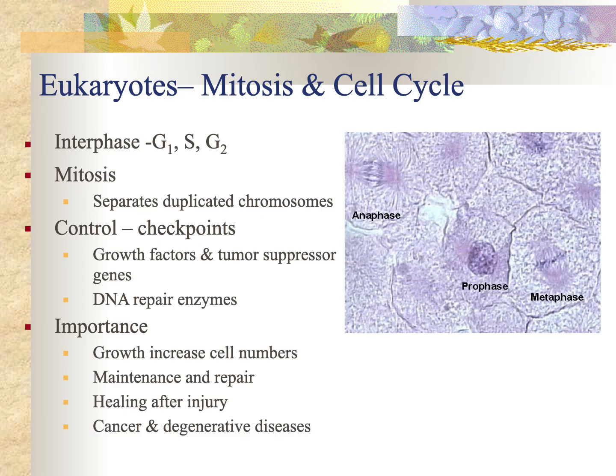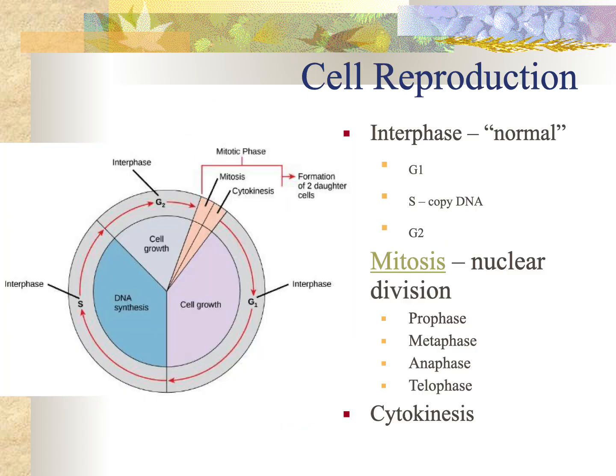And we know that this is important because this is how organisms grow. They increase the number of cells. This is also used for the maintenance and repair of cells and healing after injuries. And if it goes wrong or it doesn't occur enough, you can get cancer or degenerative diseases. Then there are these checkpoints to make sure it occurs correctly.